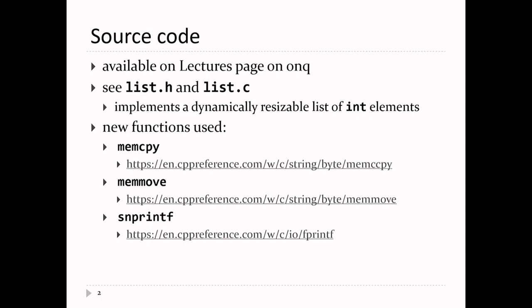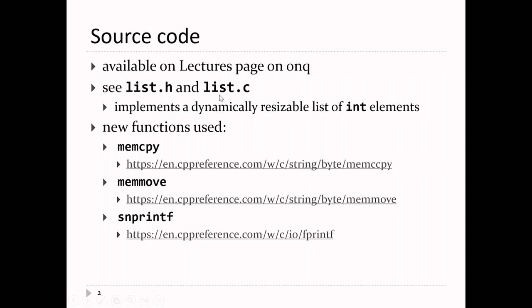Okay, so there is a zip file on OnQ that has the source code for all of this. I'm probably not going to get to the source code in the next 15 minutes. We're going to do exactly what we did for point 2. I'm going to make a header file that includes how we're going to structure this list and all of the functions that we're going to write for this list.